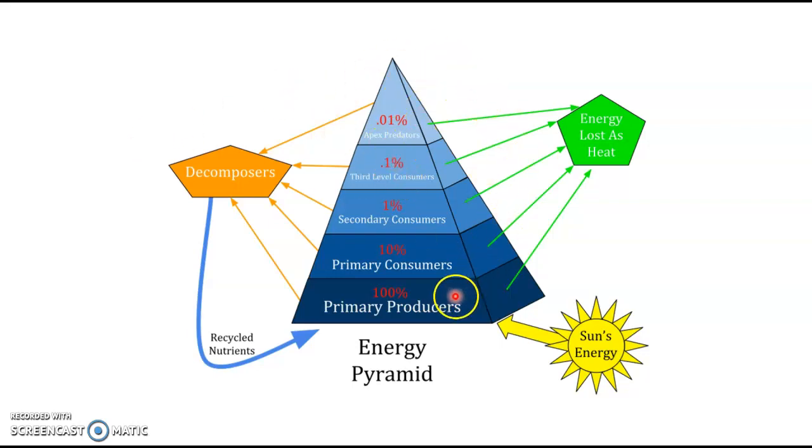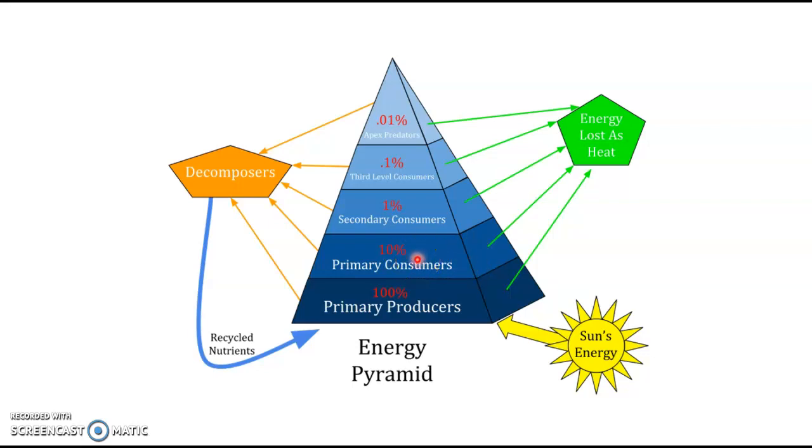This is the ecological pyramid or energy pyramid. Sun is the abundant source of energy from which primary producers or plants absorb most of the 100% of energy, after which primary consumers or herbivorous animals consume 10% of energy.